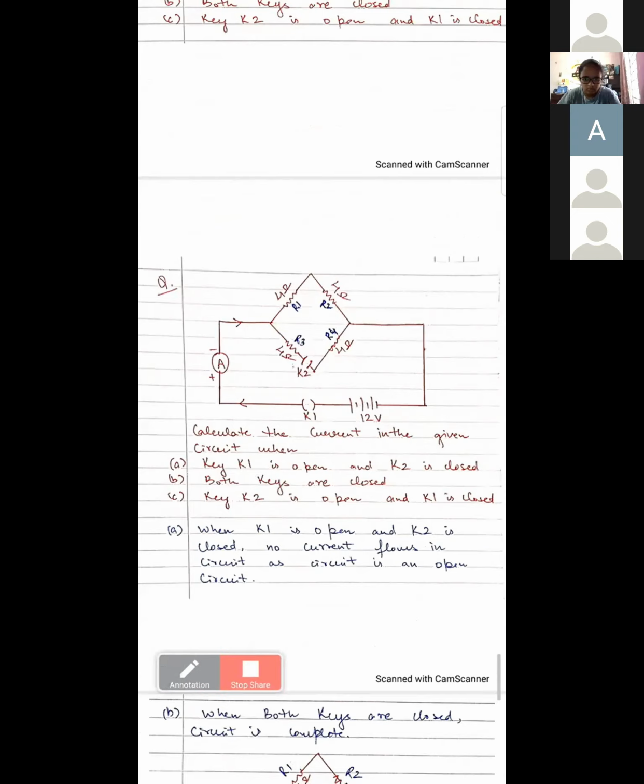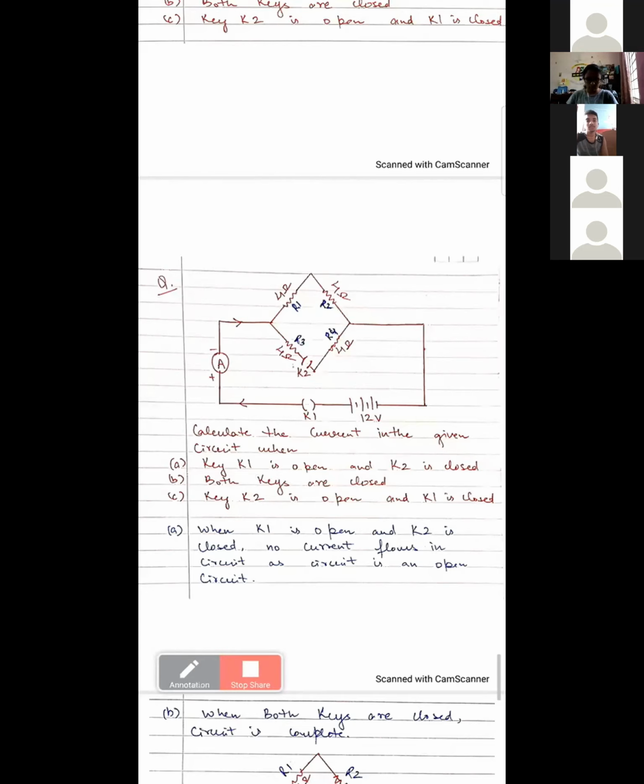If K1 is open, no current will flow through the whole circuit because that is near the battery. The circuit will not be closed, so zero current. It will be an open circuit in the first case. Clear?